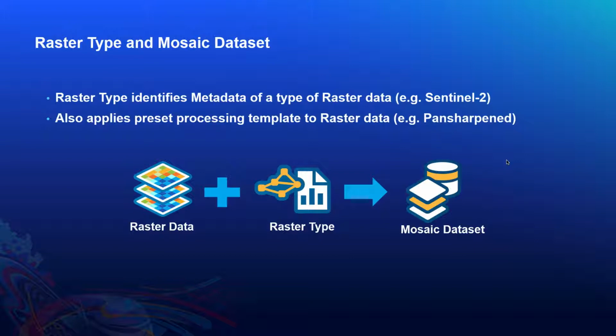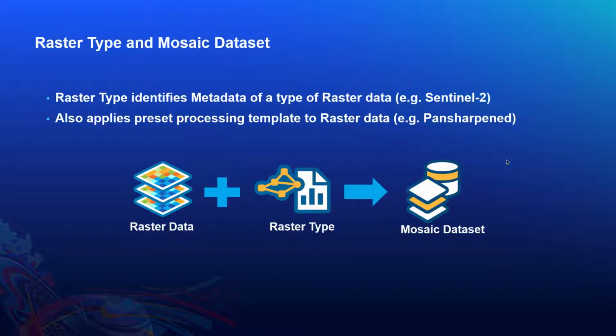Raster type basically defines and tells ArcGIS products what kind of imagery data you want to ingest into the Mosaic dataset table. It is a predefined set of metadata for a particular type of raster data. For example, if I want to use Mosaic dataset to manage Sentinel-2 satellite data, then I should be choosing the Sentinel-2 raster type.